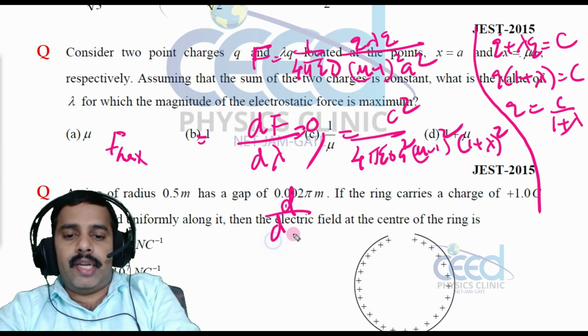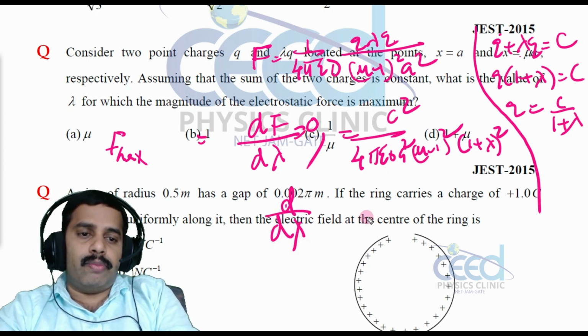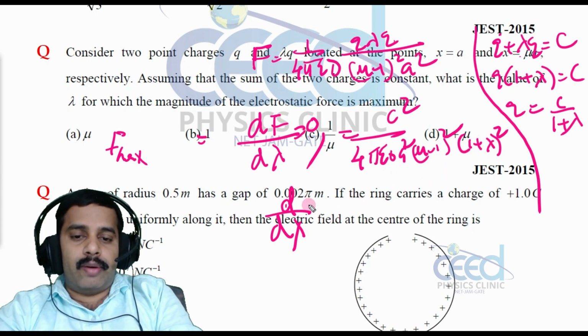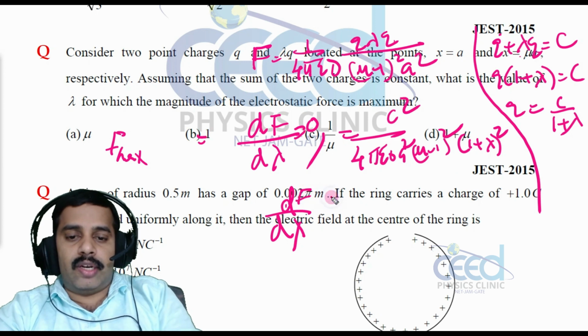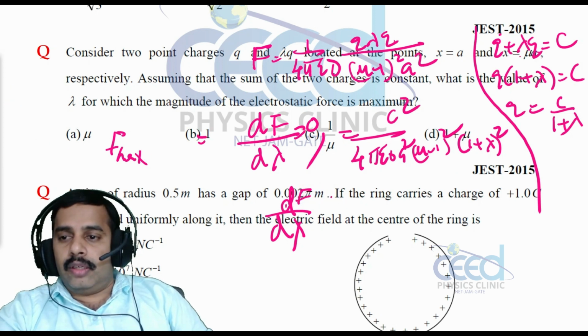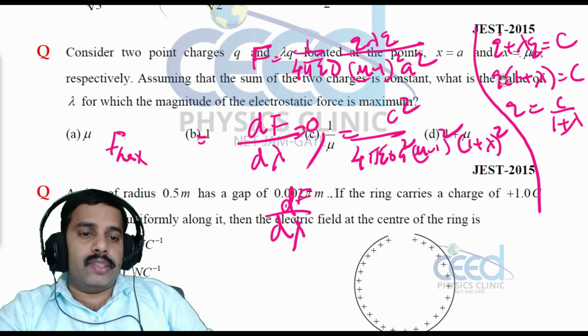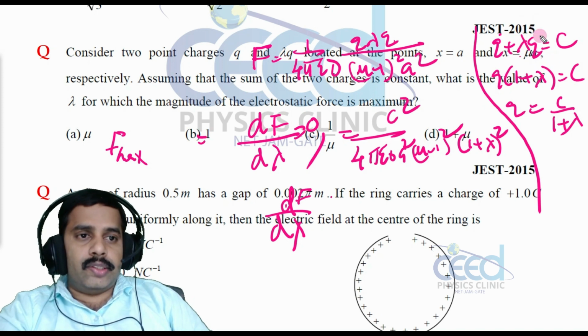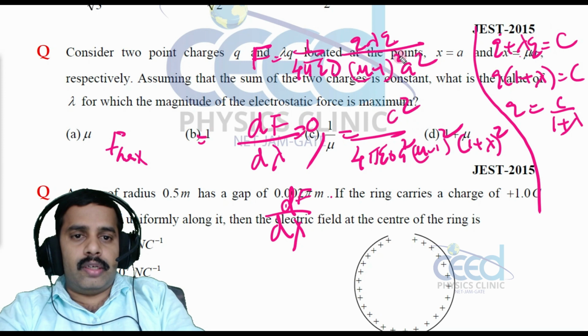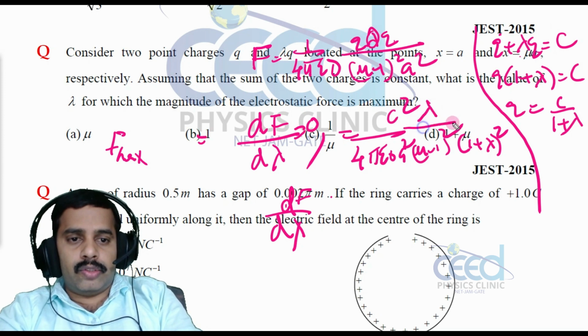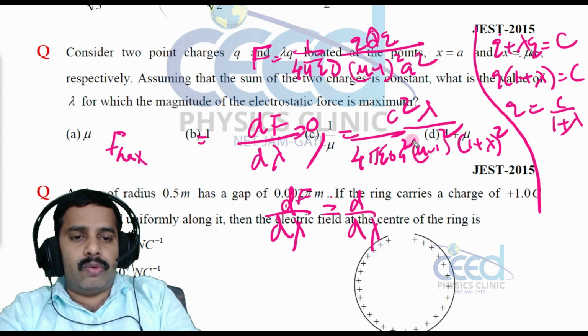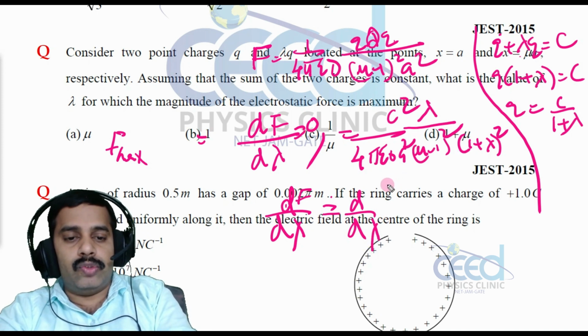That means d by d lambda of this, the constant part we can remove. So this will be possible only when the differential of this parameter is equal to 0. Here it is, and here we have lambda, right? So d by d lambda of this, the constant term we can take out, and the differential should be equal to 0.